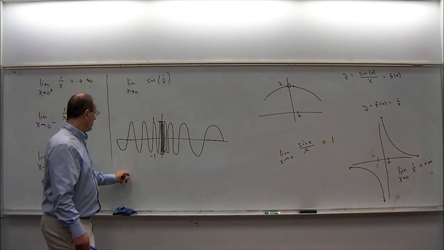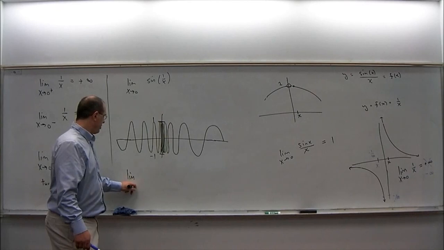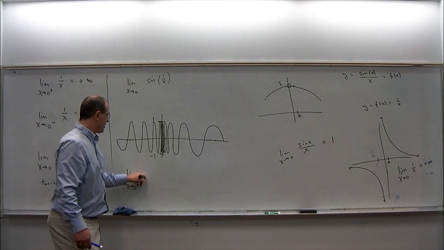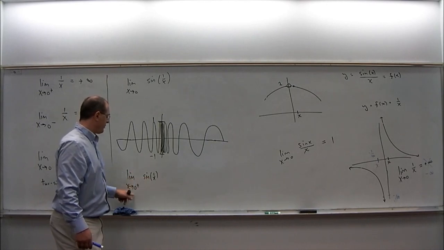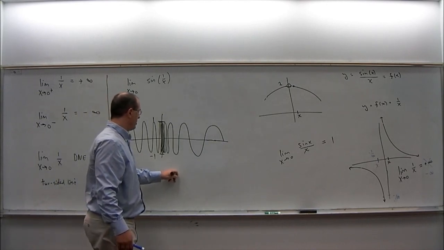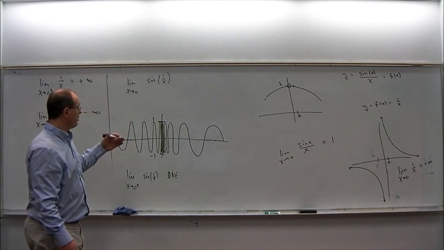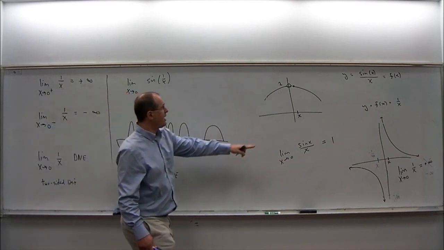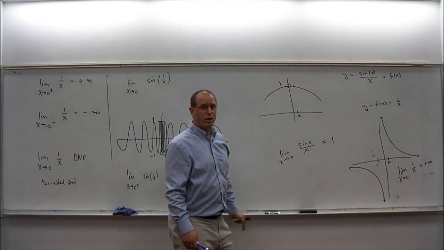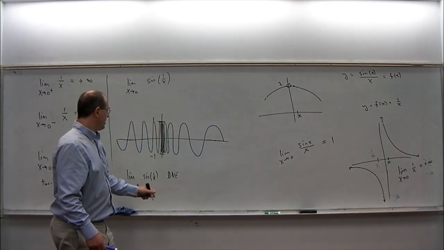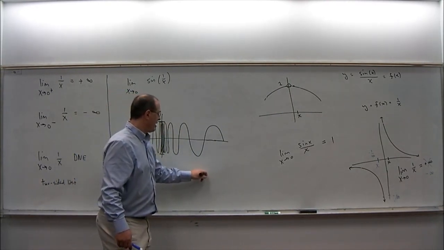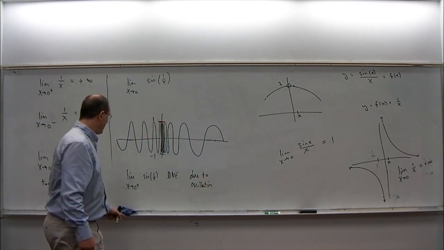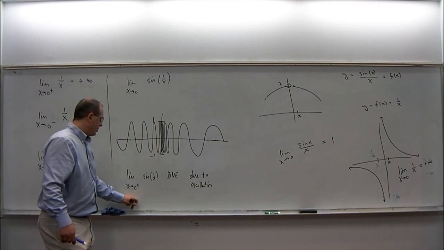And in this situation, the limit as x approaches 0, even just from one side, of the sine of 1 over x, just from the right side, does not exist because the curve is oscillating wildly between minus 1 and 1. It's not approaching a fixed value like this one did. It approached 1. So this limit does not exist due to oscillation. And the same thing for the limit as x goes to 0 from the left.